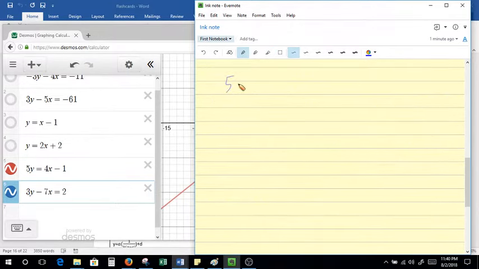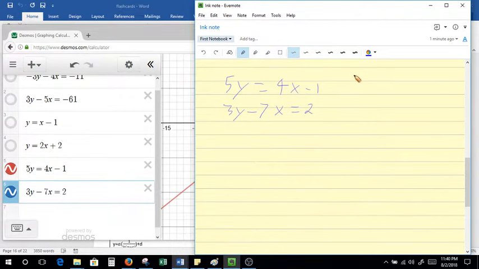So 5y is equal to 4x minus 1, 3y minus 7x equals 2. So from my standpoint, we almost have y isolated already, so that would be what I would go for, although this problem is going to be kind of messy either way.